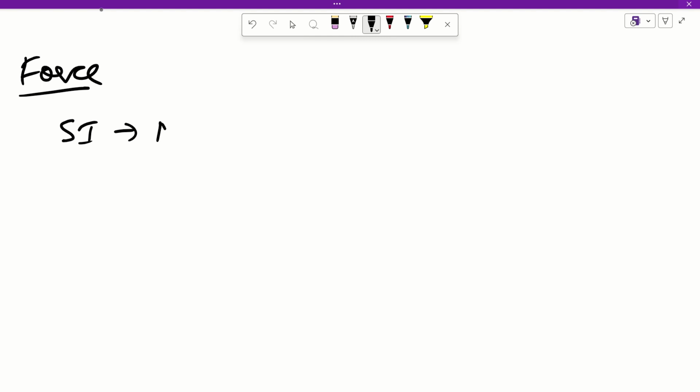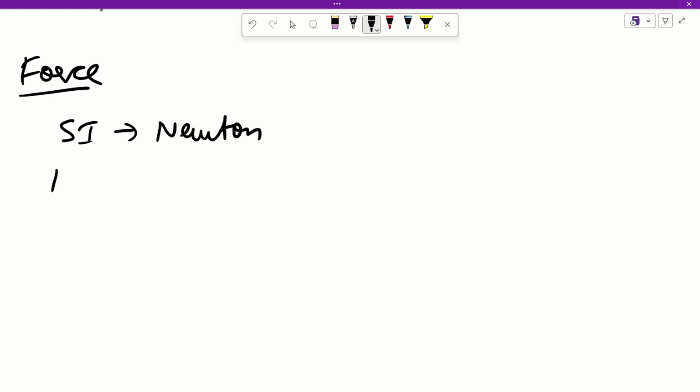The next topic we are going to learn is force. We all know what force is since we have been studying it from first standard onwards. Force is a push or pull which changes or tries to change the state of rest, the state of uniform motion, size or shape of a body. SI unit is Newton. Right.